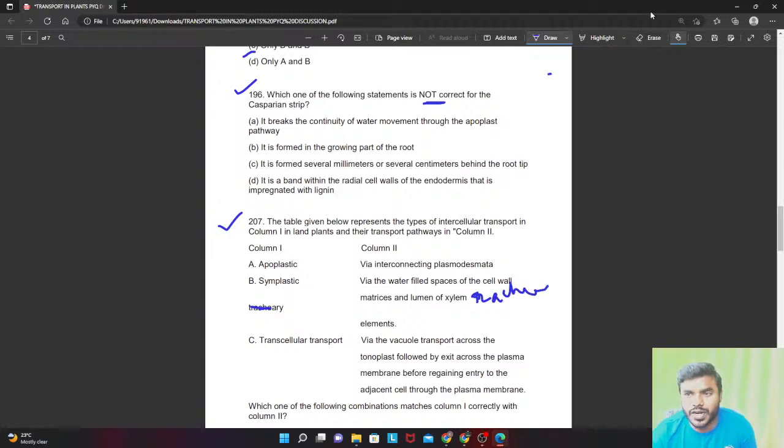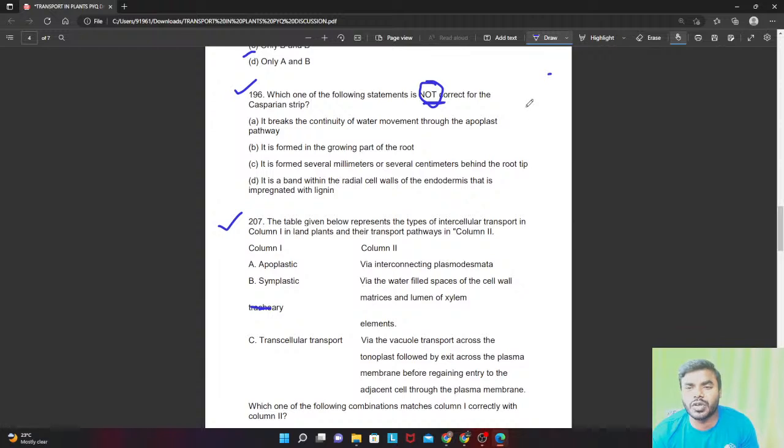Every student answer the question. Friends, you all people know, right? Understand my question correctly. Which of the following statements is not correct to the Casparian strip?